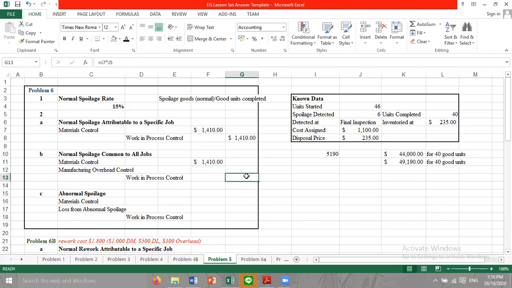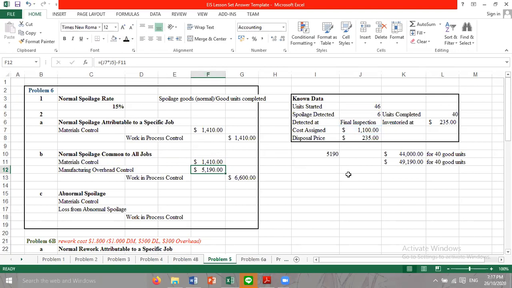And then we credit the total value of the spoiled goods before it is spoiled, or 6 times 1,100, the cost assigned to it, which we will get 6,600, while we debit manufacturing overhead control by the difference, or the loss in value. In this case, we will get 5,190.